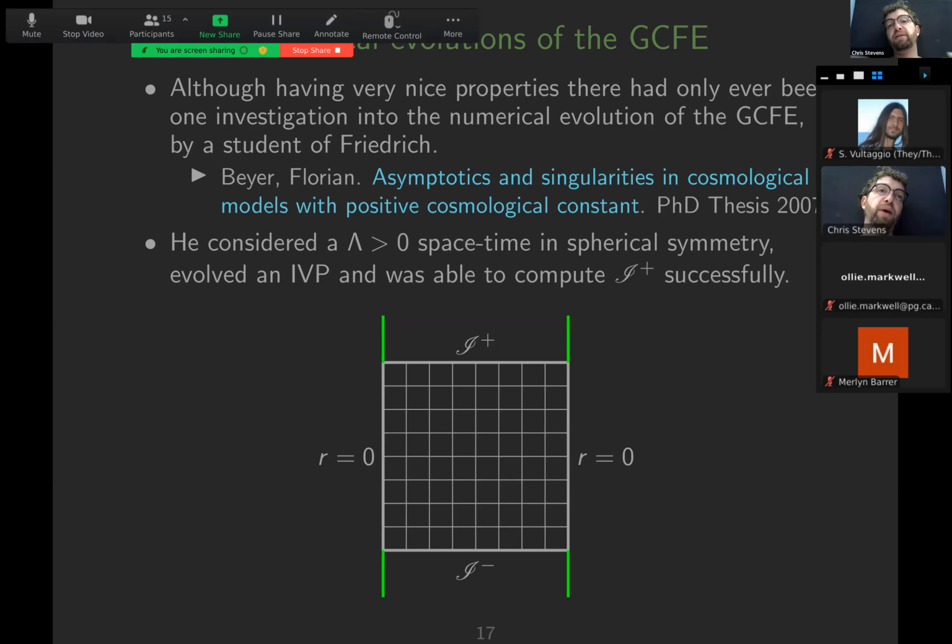So de Sitter space, the conformal compactification of that, the spatial slices or time slices are compact. So you don't worry about boundaries. And he was able to do that in spherical symmetry, solve these equations, which was the one and only time that people did this. And Florian was actually a PhD student of Friedrich.